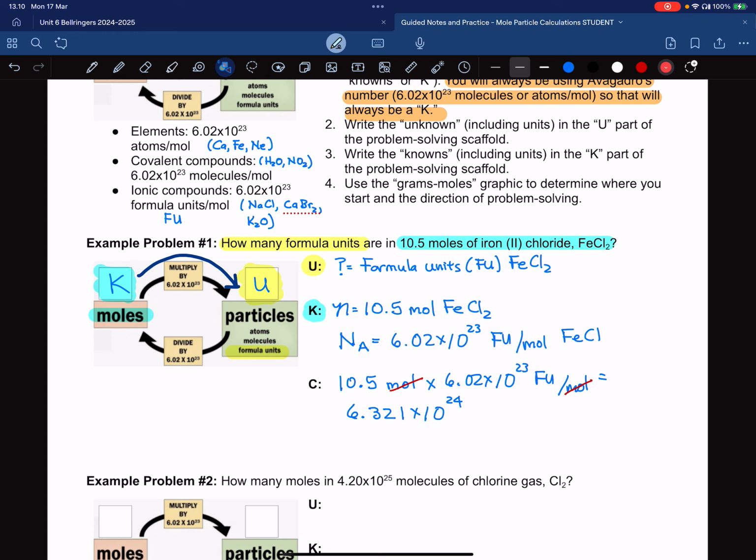Remember, I want two decimal places, so I'm going to look at that number. That's the third decimal place. Is it 5 or greater? No, it's not, so I will not round. So this is going to become 6.32 times 10 to the 24th formula units of iron(II) chloride.